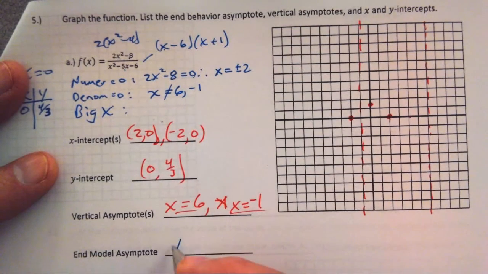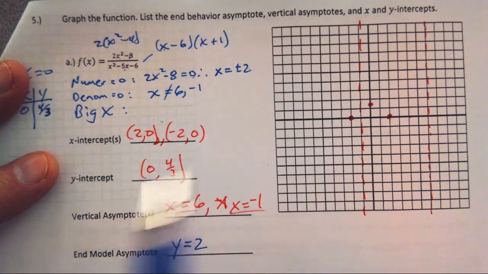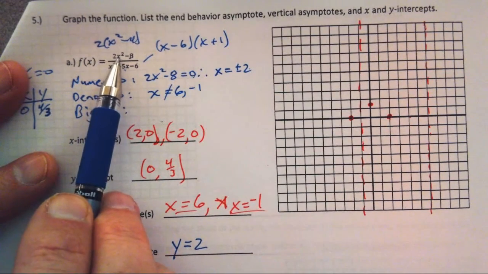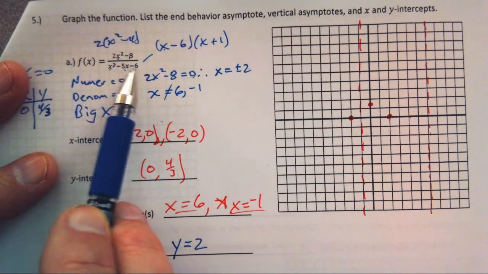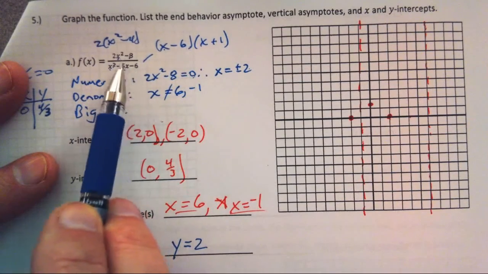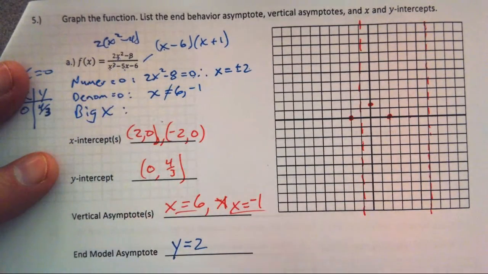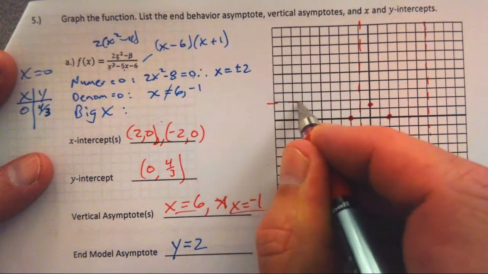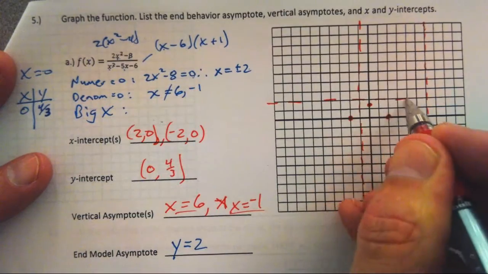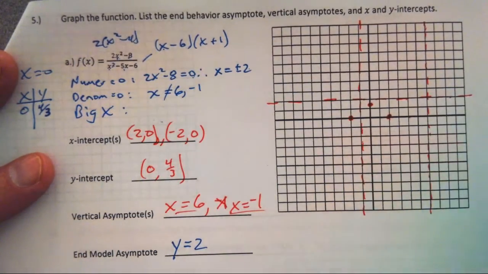So it wants to look like y equals 2 to the right, and it doesn't matter if I have a negative in here. It's still positive divided by positive. The x squareds cancel. These are less significant values as x gets big. So that is our end model asymptote.